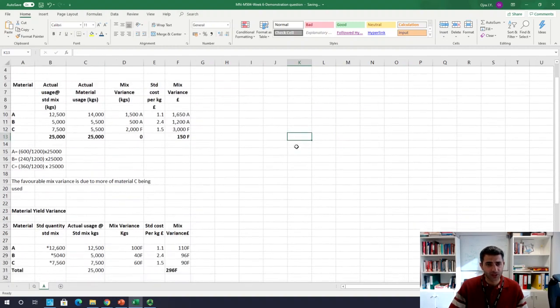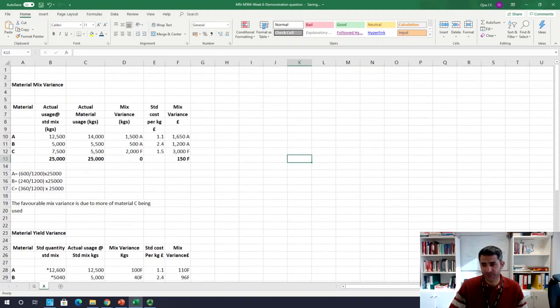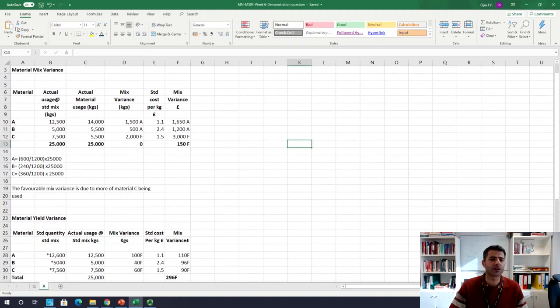Here we go. So when you do the material mix, this is my way, but there are different ways you can do it, of course. I want you to draw a table with 6 columns.